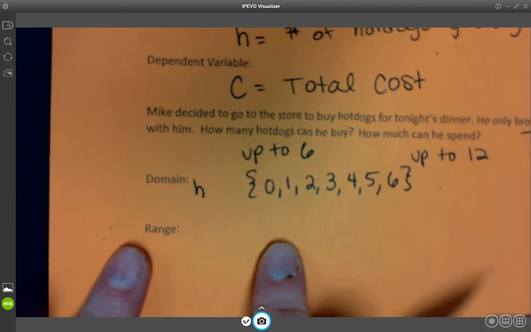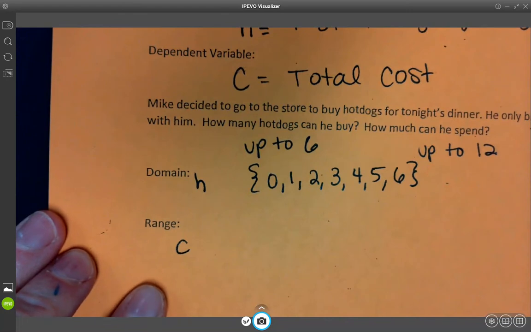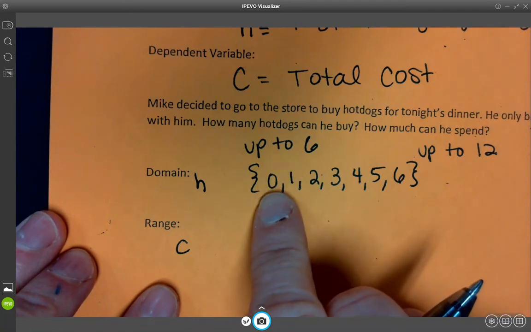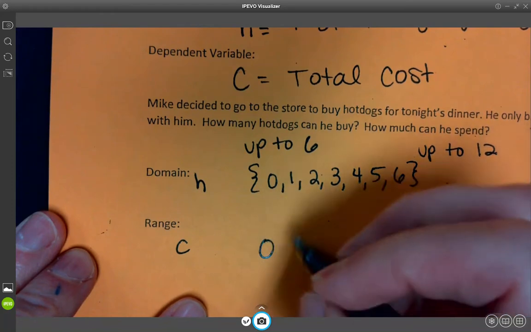Okay, so then what's the range? How much can you spend? Let's see. We're going to have to make a list for this too. What matches with 0? How much money is 0 hot dogs? How much is 1?